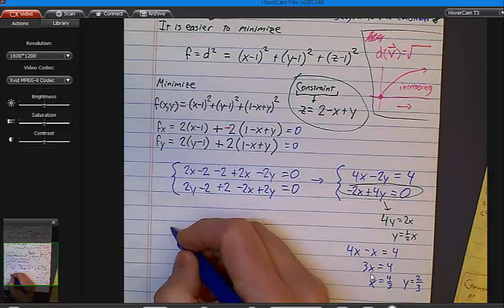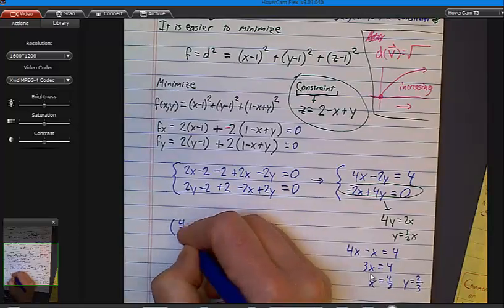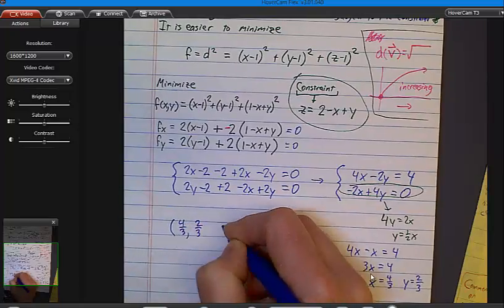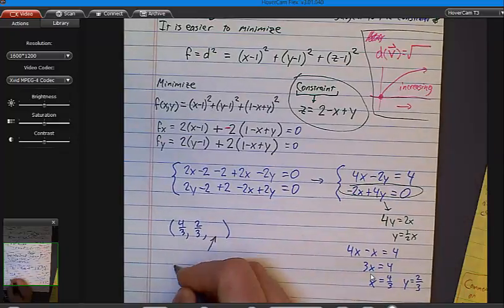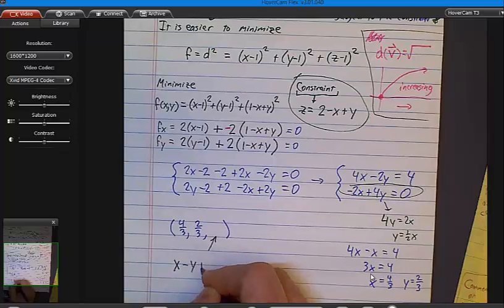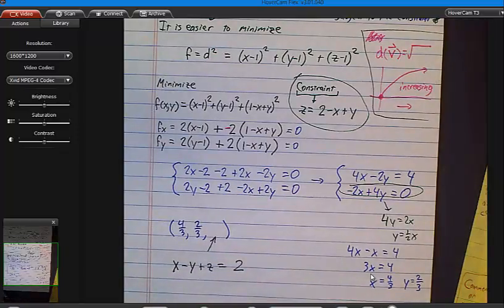Find the point on the plane closest to 1, 1, 1. It would be 4/3, 2/3, and then to get the z value, I guess I better write the original equation down. It was x minus y plus z has to equal 2. Oh, no, I solved for z already.